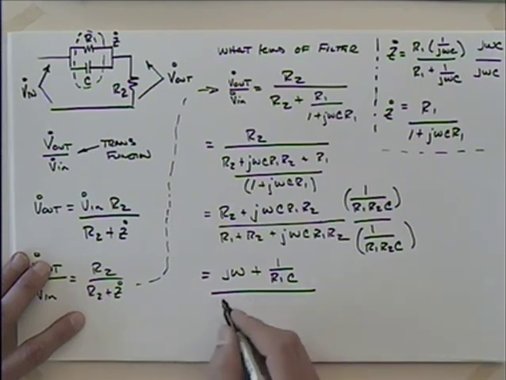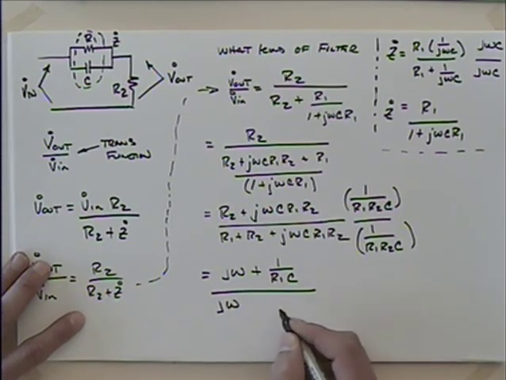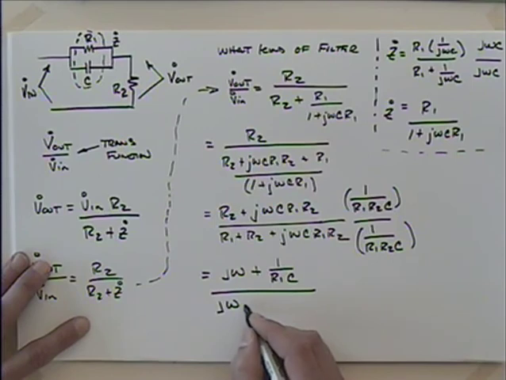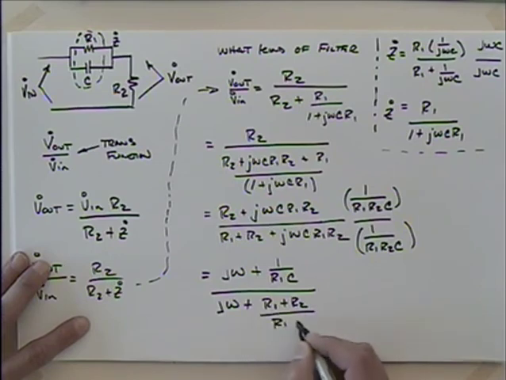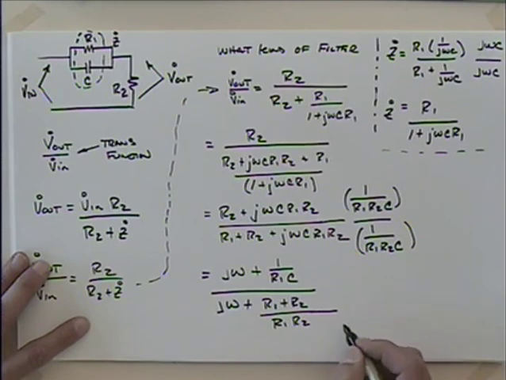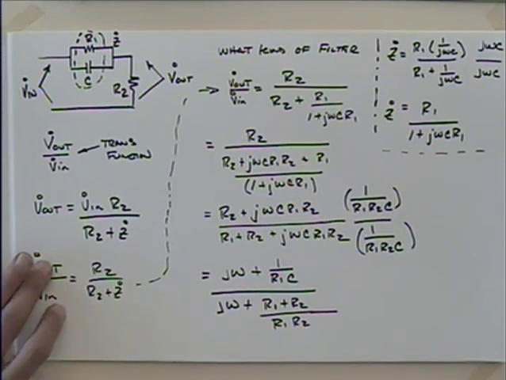I'm going to have j omega. And then I'm going to have what? Plus R1 plus R2. I guess I could leave it like that. Divided by R1 R2. And this would then have a C in it. Is that going to be right?